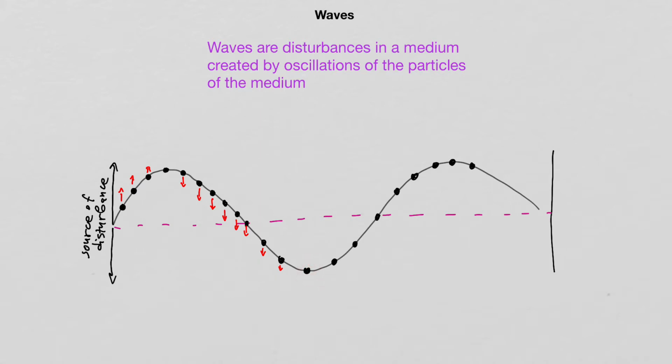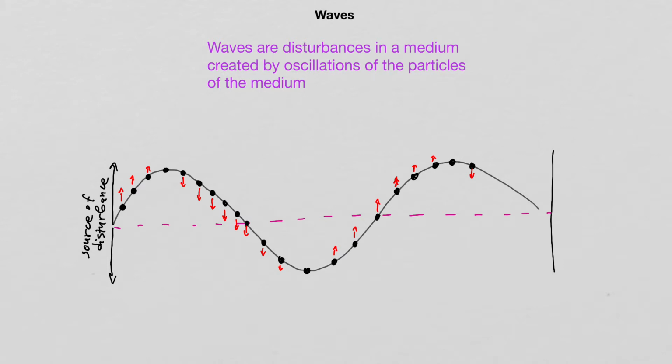This particle is stationary. After that, the particles are starting to move up again until the top particle right here, which is not moving. And then after that, this particle is moving down.